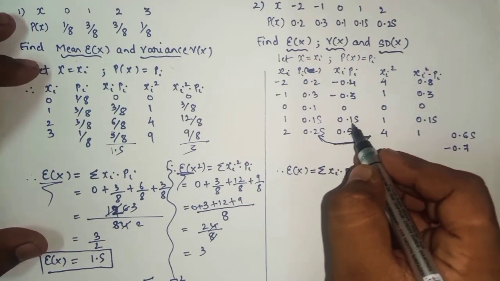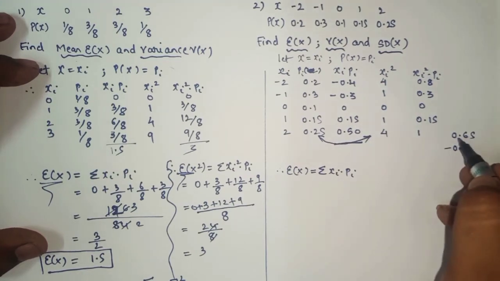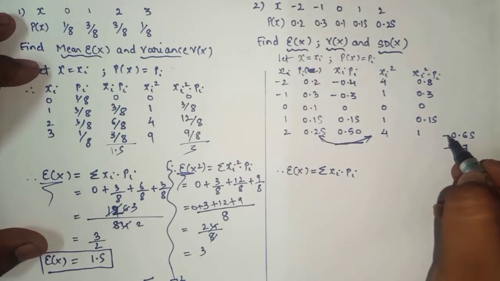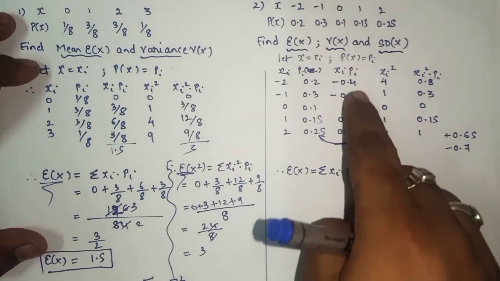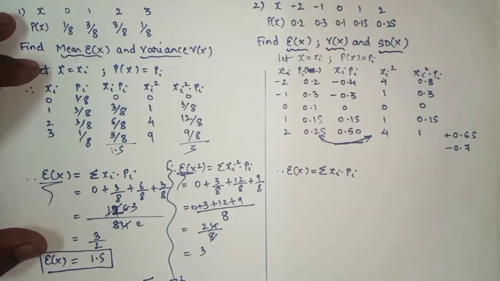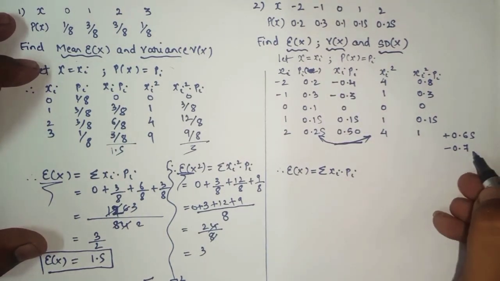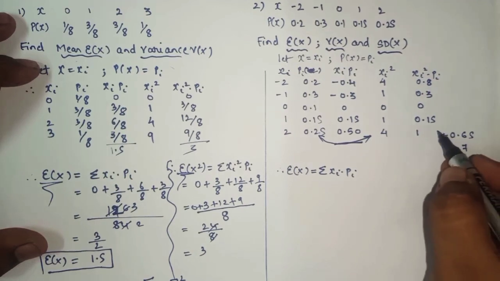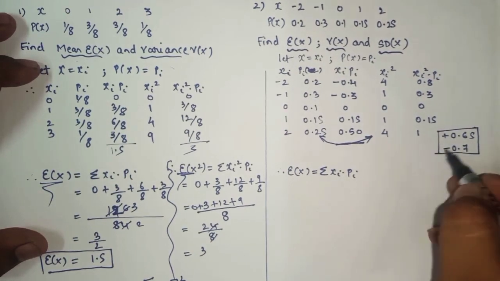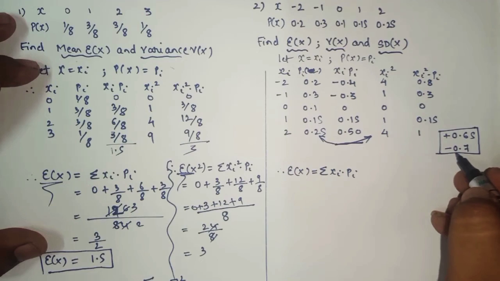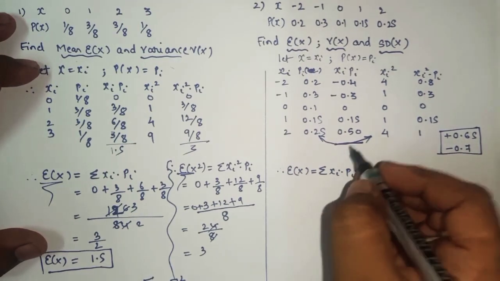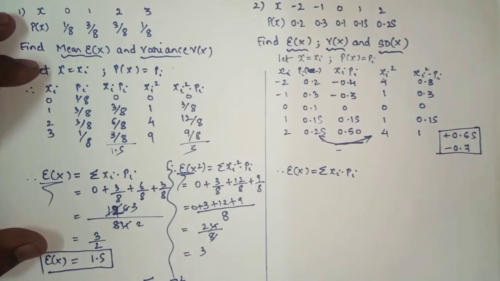As 0.15 and 0.50, here we are getting 0.65, that means it is plus 0.65. And when you solve minus 0.4 and minus 0.3, you will get minus 0.7. So when you solve these two numbers, plus and minus, you will get the answer in minus only. Yes or no?